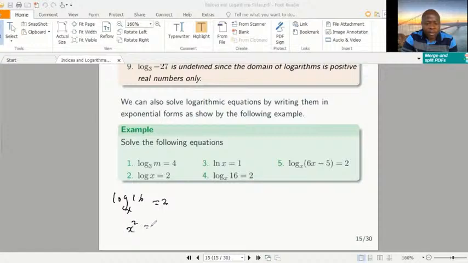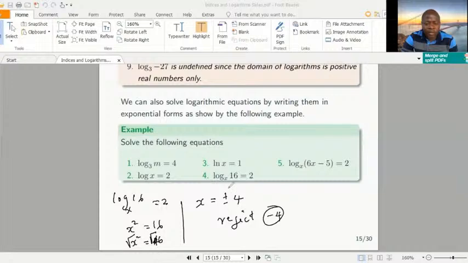X square is 16. Take the square root on both sides. So x is plus or minus 4, the square root of 16, but reject negative 4.